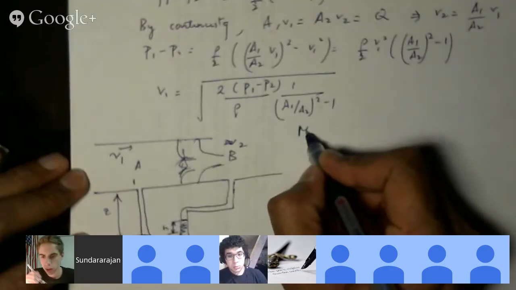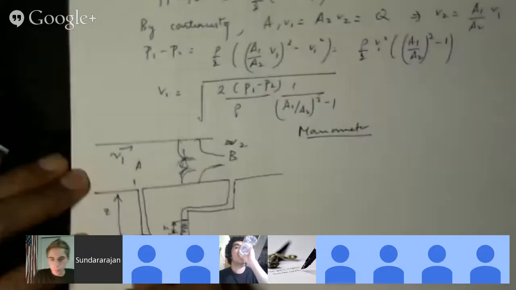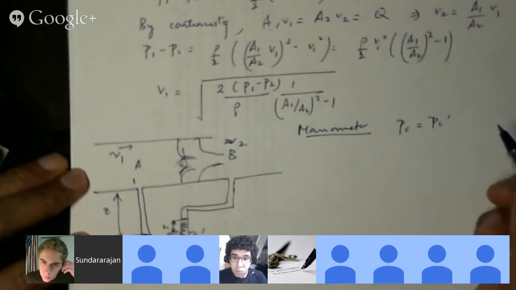So that's the manometer part of it. Let's call this C prime. The pressure at C equals the pressure at C prime.